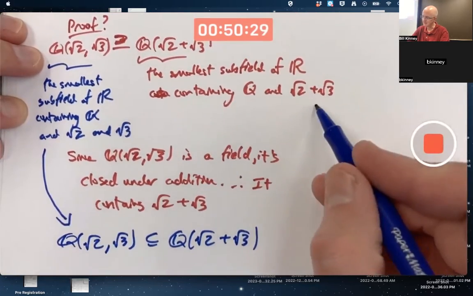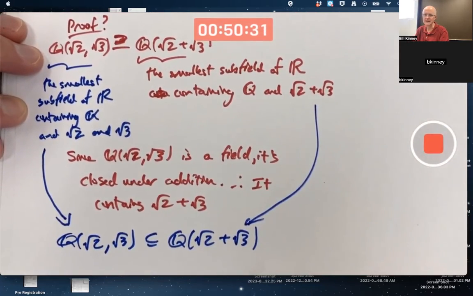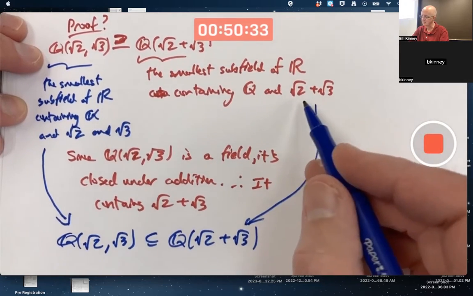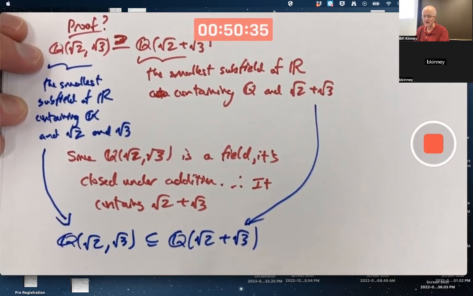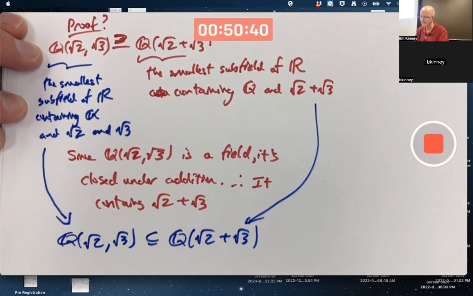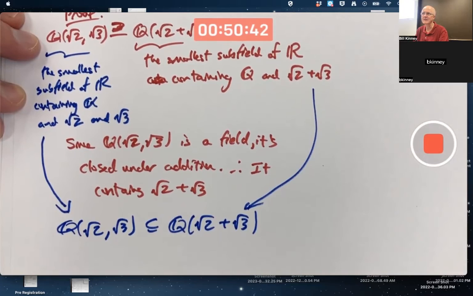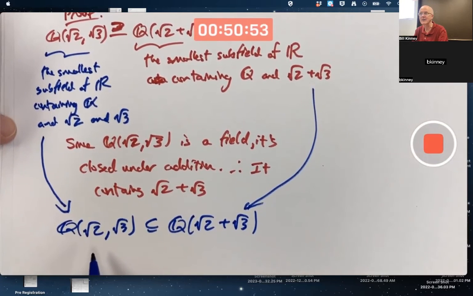And this one is the smallest subfield of the reals containing Q and the sum square root of 2 plus square root of 3. I'm trying to show this as a subfield of that. It would be enough to show this thing contains square root of 2, and it also contains square root of 3. And then therefore, this one being the smallest such field containing all the rationals and square root of 2 and square root of 3 would mean this is a subfield of that, because it's the smallest.